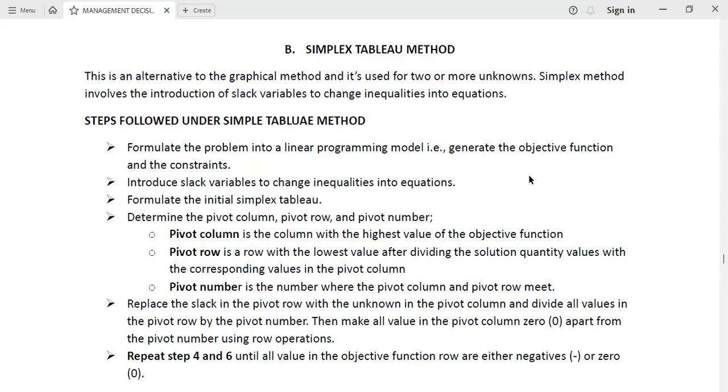So we formulate that. If it has been given in the question, you don't need to formulate it again. You just go by what they have given. Because in some questions you may find that they have given you the linear programming model.